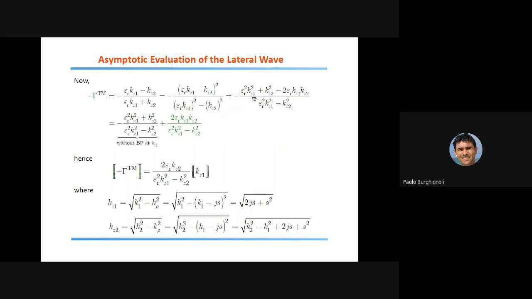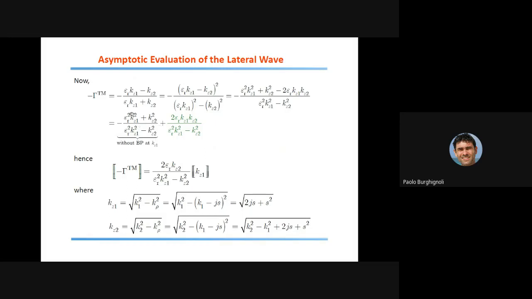So by performing some algebra, we can split this fraction into the sum of two fractions that are here indicated with the black and green colors. There is a fundamental difference in those two contributions, because the fraction in black involves only squares of wave numbers. So now it's not important if we are on one Riemann sheet or another, because when you square, you lose any information about the determination of the square root that defines the wave numbers.